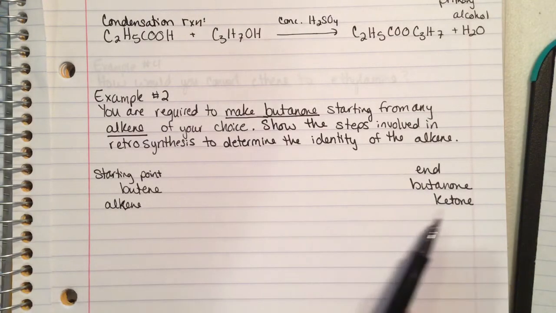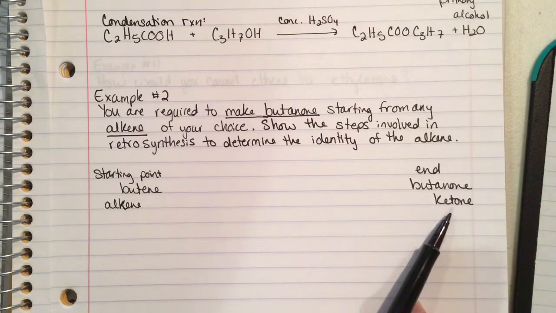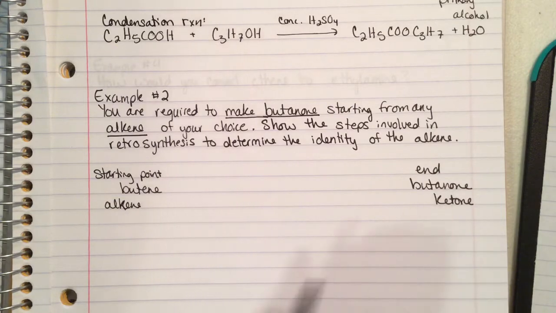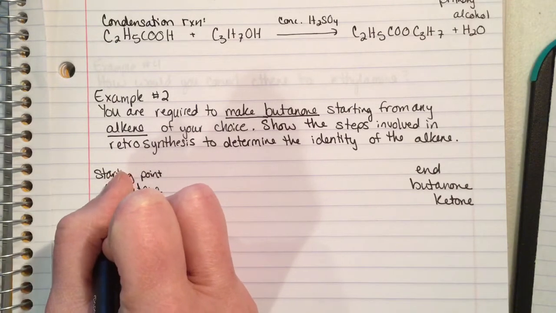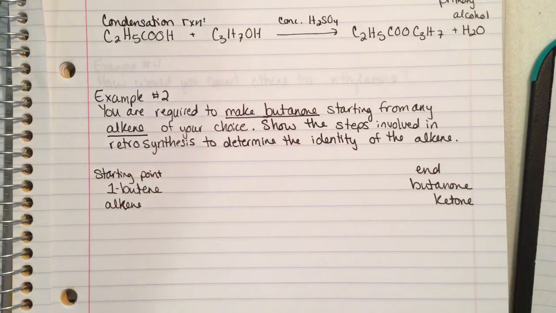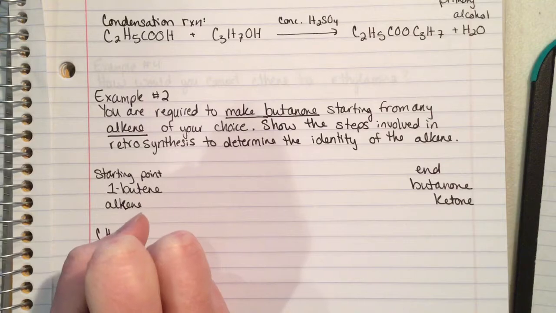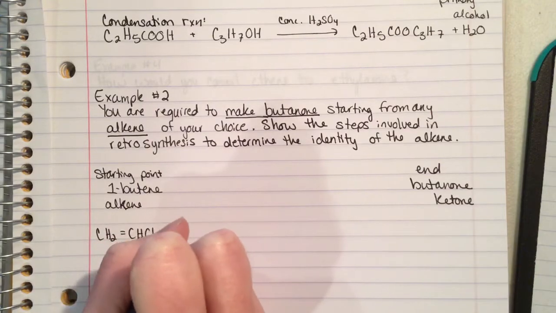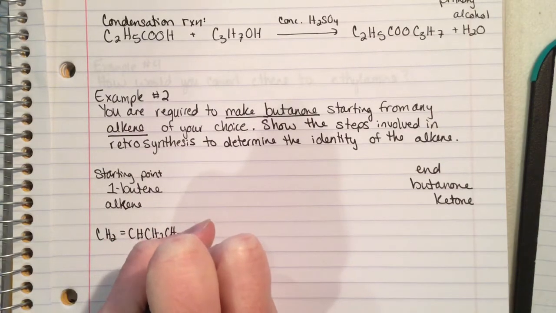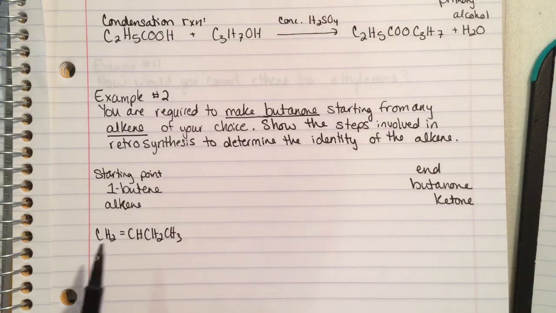So if I'm going to have a ketone, I'm going to need that double bond to be towards the middle. Okay? So I'm going to bet that this is on the first carbon. So let me kind of explain that here. So CH2, CH, CH2, CH3 is what that's going to look like.